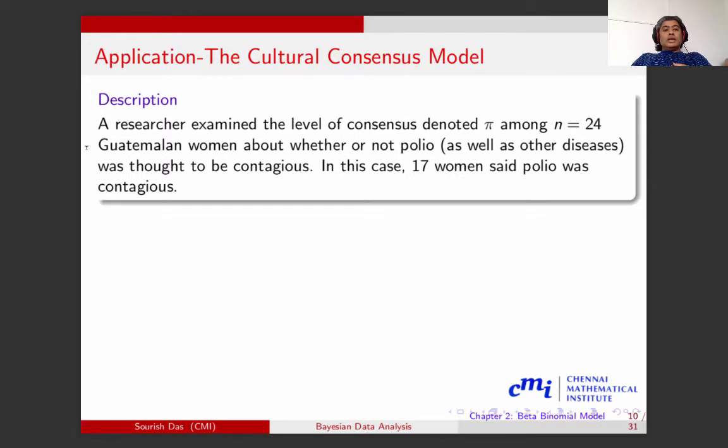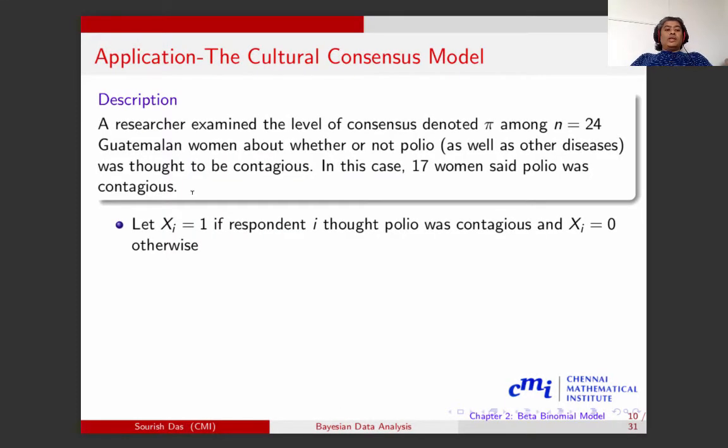A researcher examined the level of consensus, denoted by pi, among n equal to 24 Guatemalan women about whether or not polio, as well as some other diseases, was thought to be contagious. In this case, 17 women said polio was contagious.